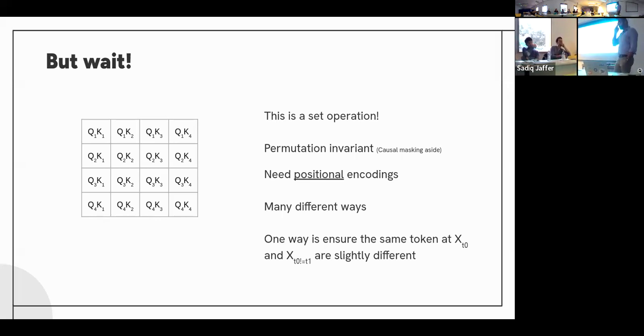Some of the ways we can do this is that we can add something to the hidden dimension vectors to make sure that the same token at position t0 and some other position are slightly different, to make sure that the model can see that there are differences.